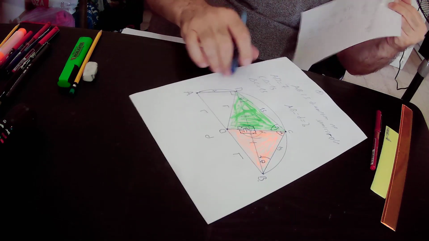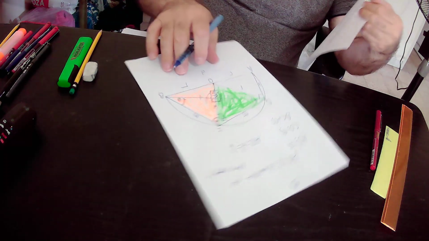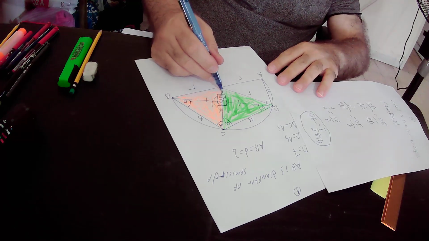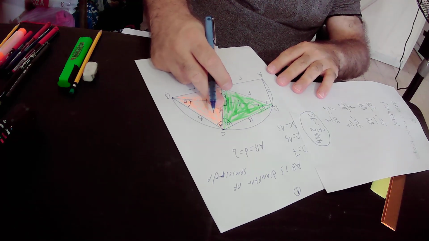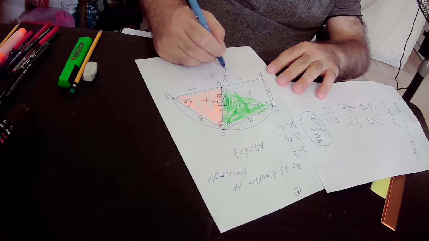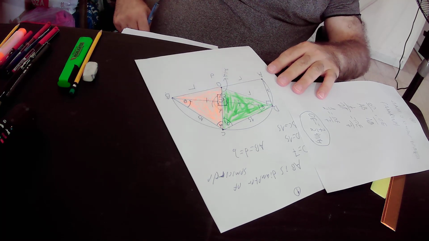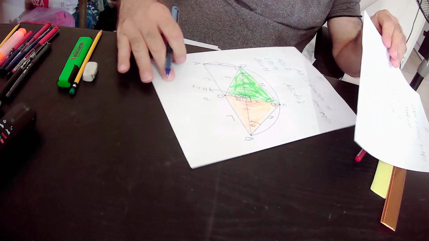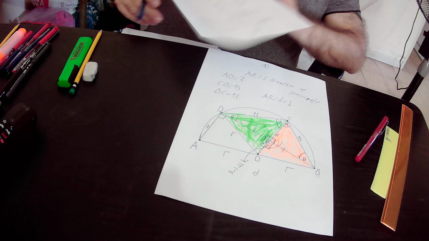Okay, so we can write here that OE, this side, equals 7 over 2 units.